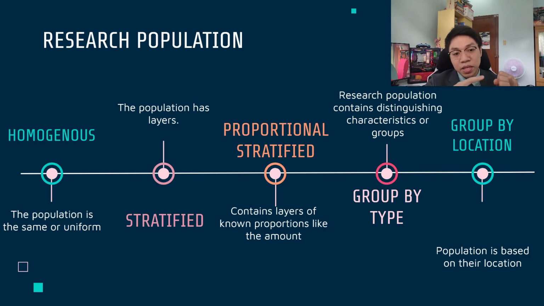So this could either be solid steel shafts, hollow steel shafts, keyed or non-keyed steel shafts, and the last one would be grouping your population by location. So the population is basically based on their location. So you could examine the steel shafts that were manufactured in the Philippines, in Singapore, and even the United States.